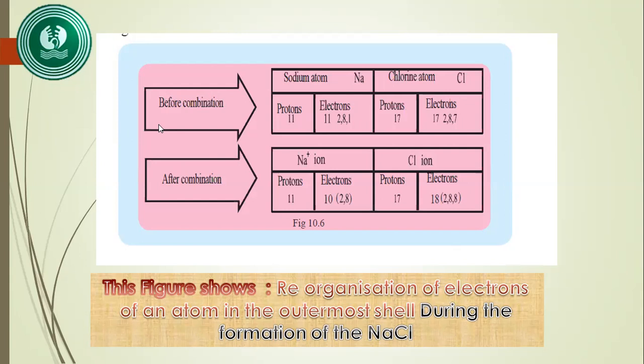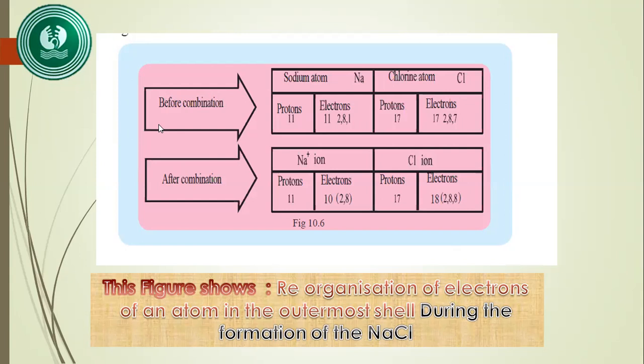But in the combination, sodium loses 1 electron. So 10 electrons are left in the sodium when it forms the sodium positive ion. The protons are in the nucleus, so 11 positive is there, and 10 negative, the result is monopositive. So we put the positive sign as a superscript on the sodium ion.